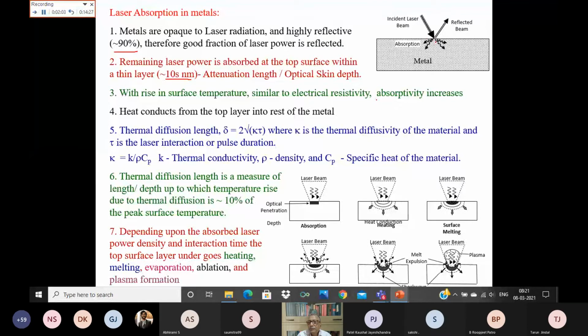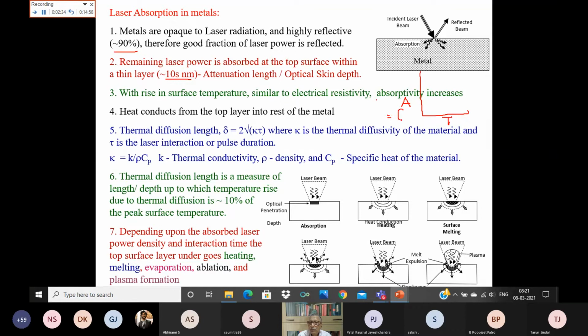As the temperature rises, the reflectivity starts reducing and absorptivity starts increasing. If I plot the variation with temperature, this is the temperature of the substrate, and here I am talking about the absorptivity A, which is equal to 1 minus R, where R is the reflectivity.